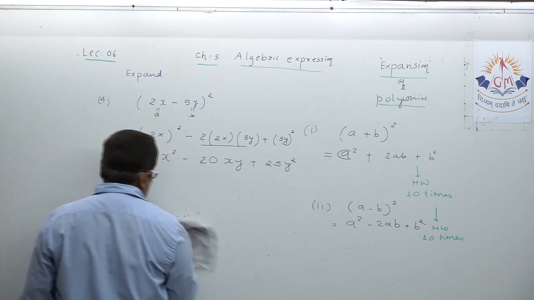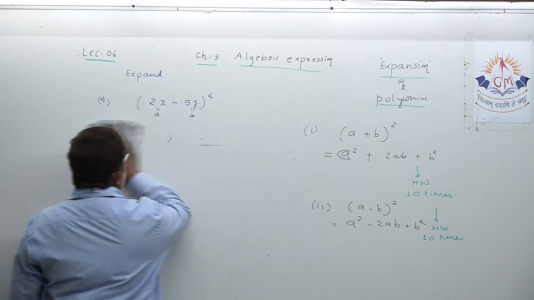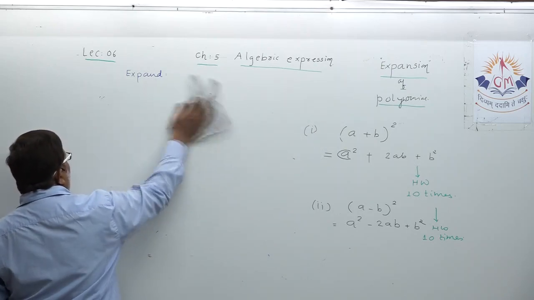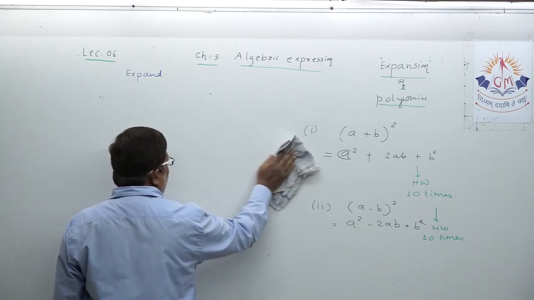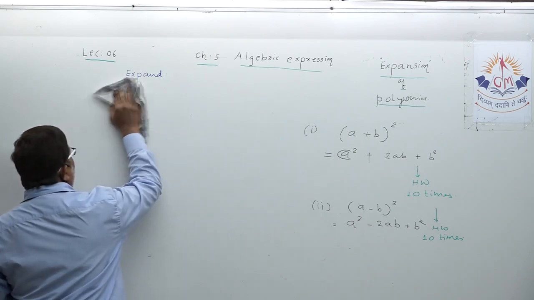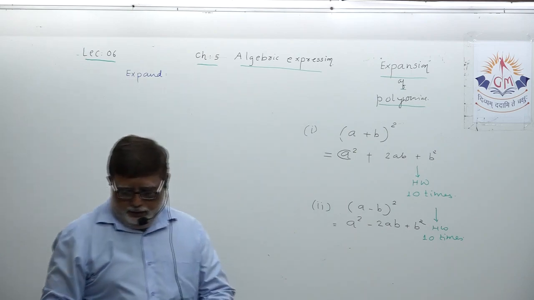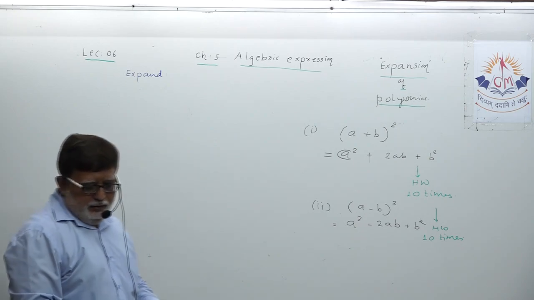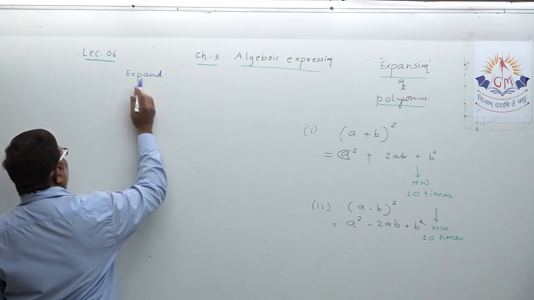Next, example number 6. Now I expect that you must have got the idea about how to expand a plus b whole square and a minus b whole square. Now, dear student, a simple question of evaluation.